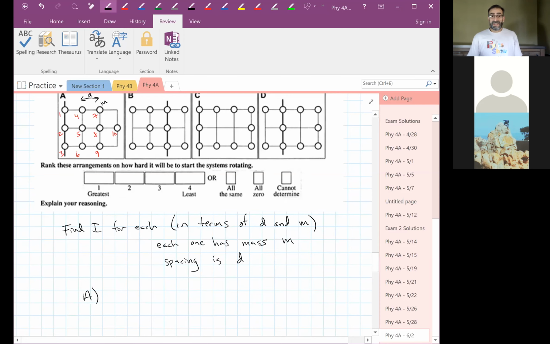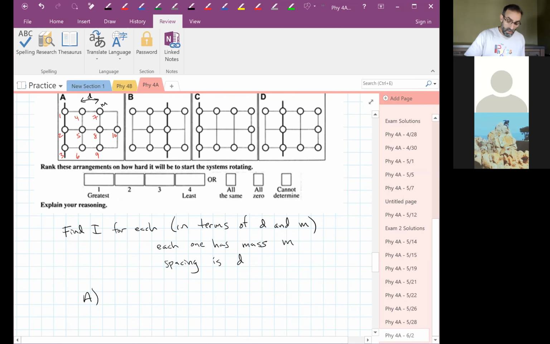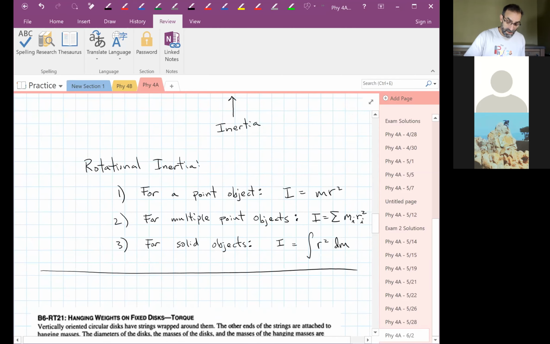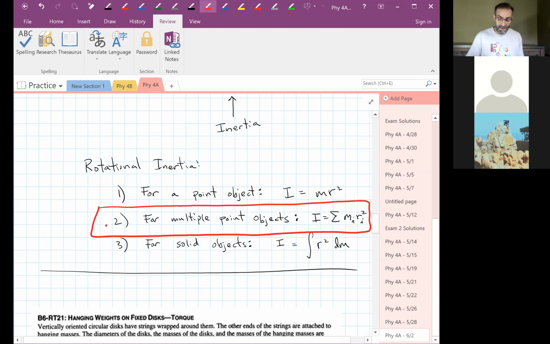So what's our situation here? Multiple point masses. What are we going to do? We're going to take m times r squared for each individual one and add them all up.